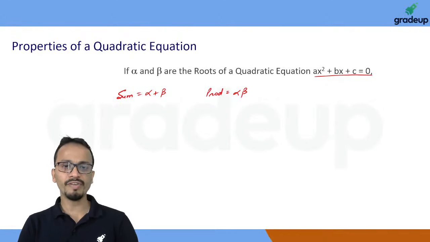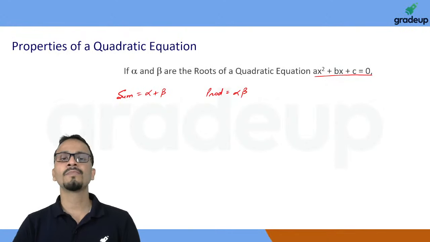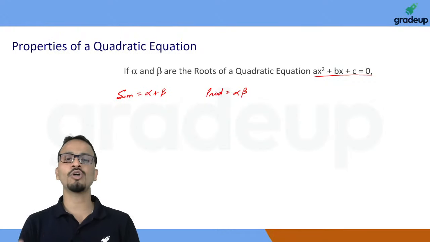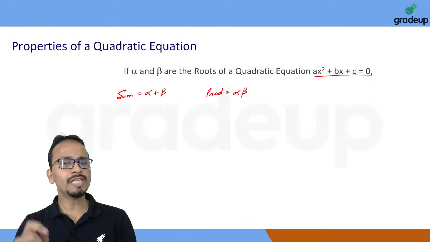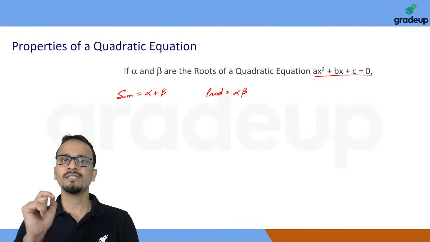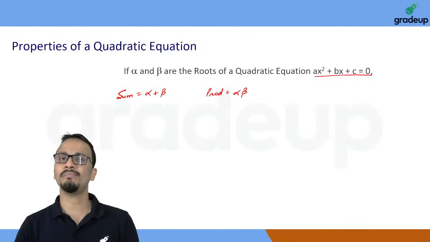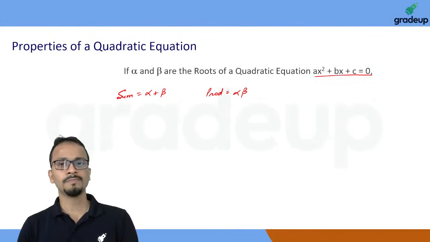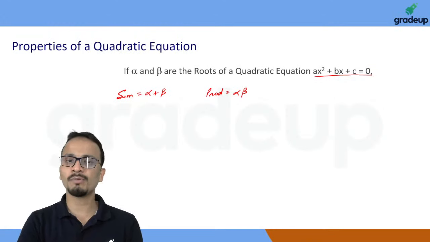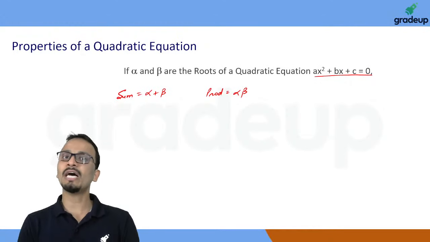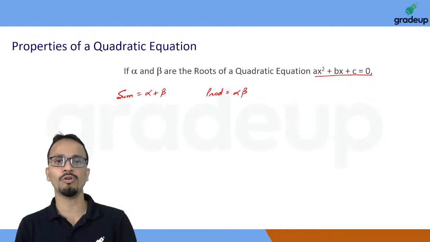Now I'll give you a formula using which you can directly find the values of alpha plus beta and alpha into beta without actually finding the values of alpha and beta. I'll repeat. I'll give you a method using which you can directly find the value of the sum of the roots and product of the roots without actually finding the individual value of the roots.